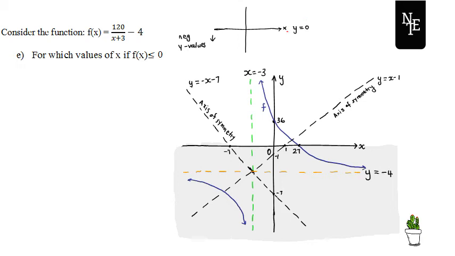When we look at this condition where y equals 0, we see that that x value is going to be an x value of 27, because that's where we have an intersection with our x-axis. And then after that, the graph is in this gray shaded area for all of these x values greater than 27, going up to infinity. So we're looking at all of that, including this x value here at 27.